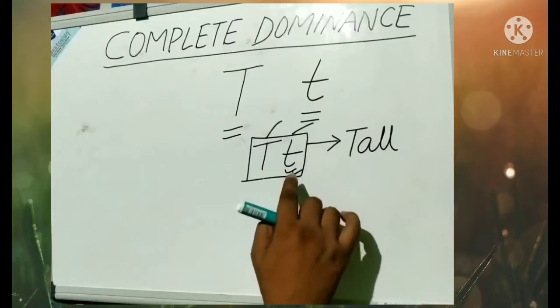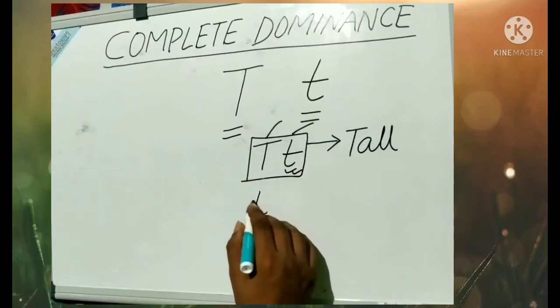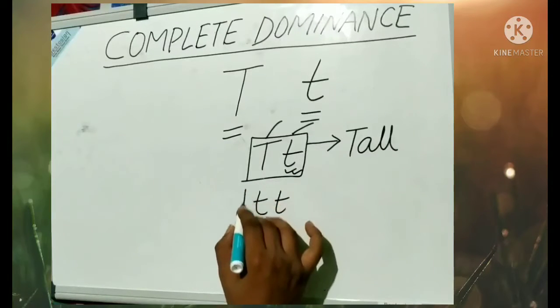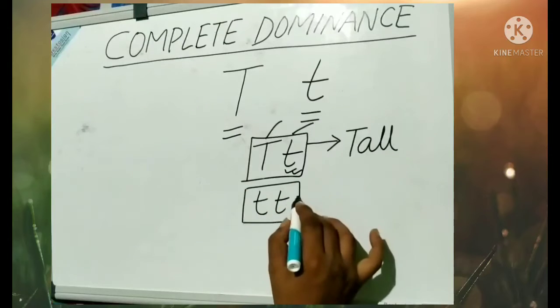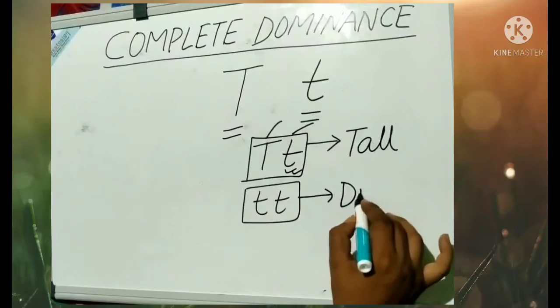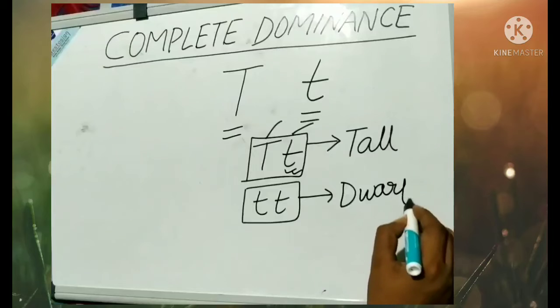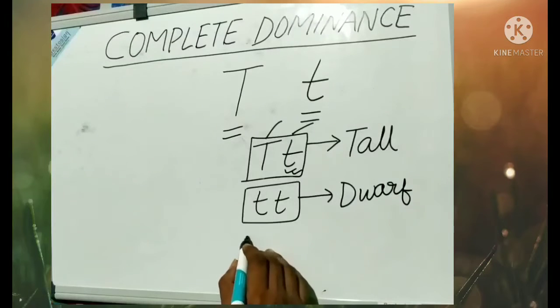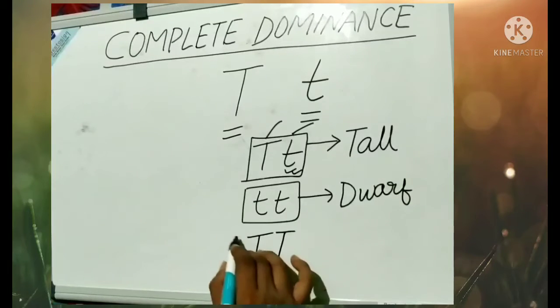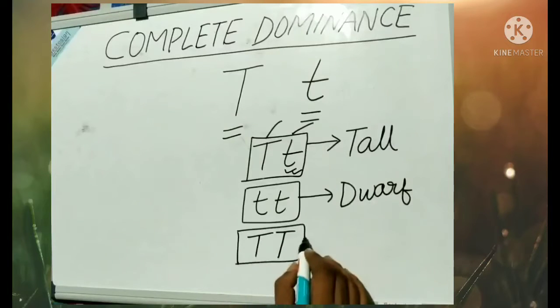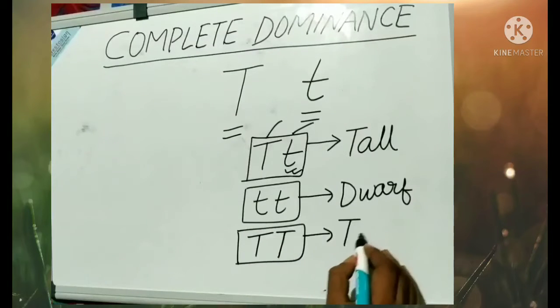Small t will express itself only when it is present together, small t small t, and then it will give the phenotype dwarf. Now we take another combination, capital T capital T. This genotype will give tall.